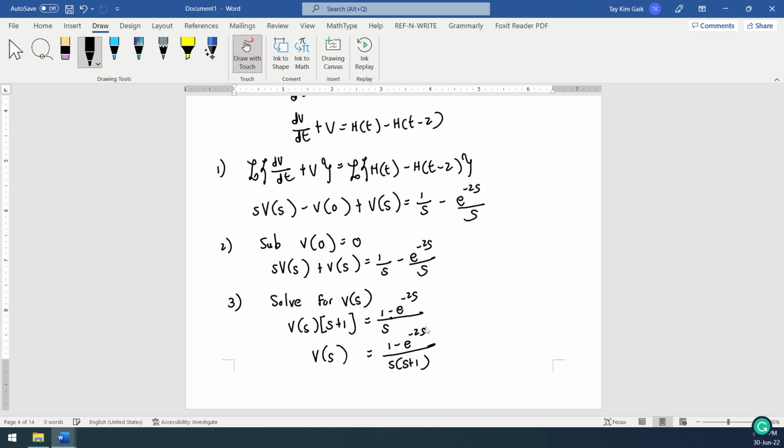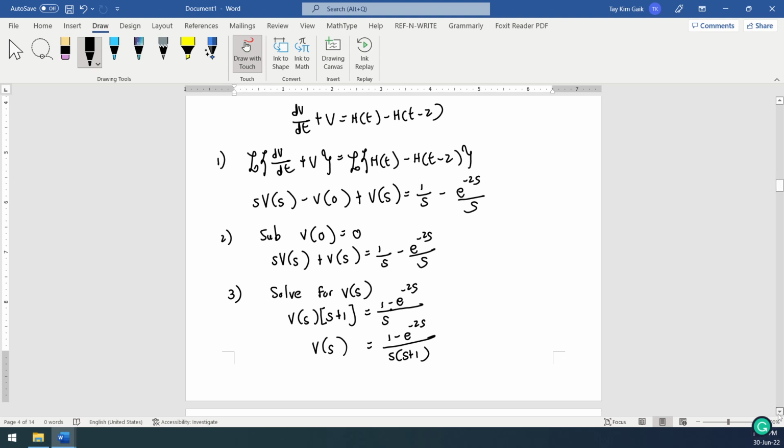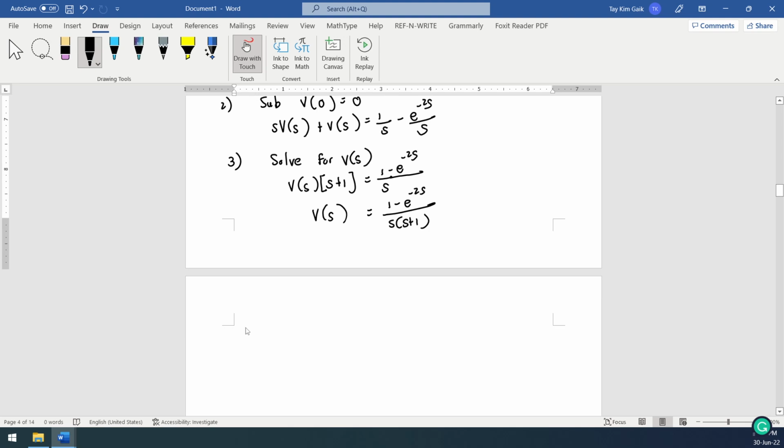Okay, the fourth step, taking the inverse Laplace. So we get back v(t), which is the inverse Laplace of V(s).